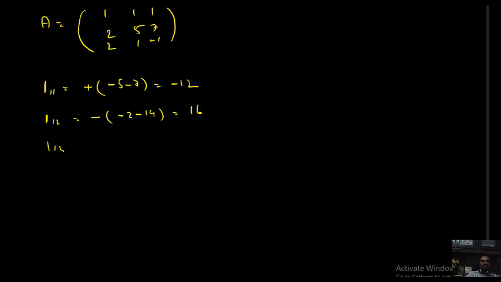Next 1 3, that is plus half. 2 minus 10, that is equal to minus 8. 2 1, that is minus half. This row, this column, 1 into minus 1 minus 1 minus 1 minus 1 minus 2, totally 2.